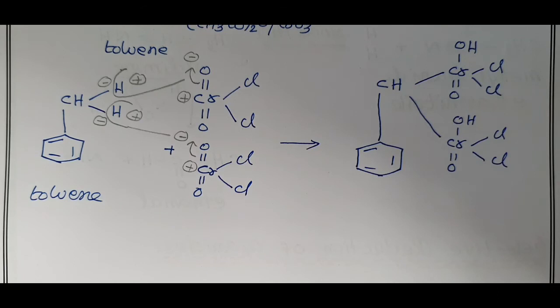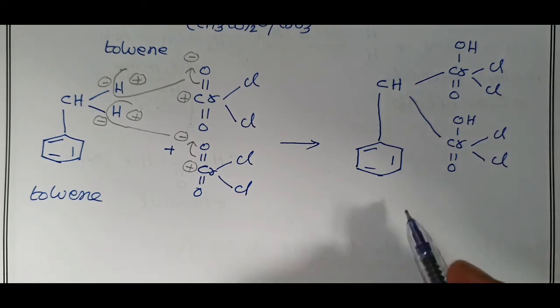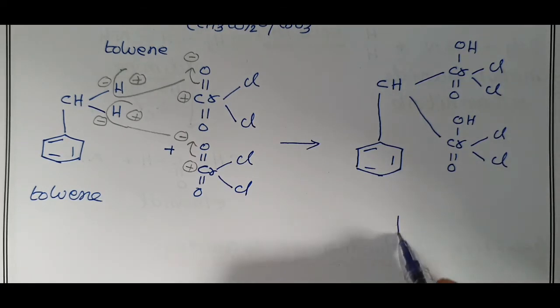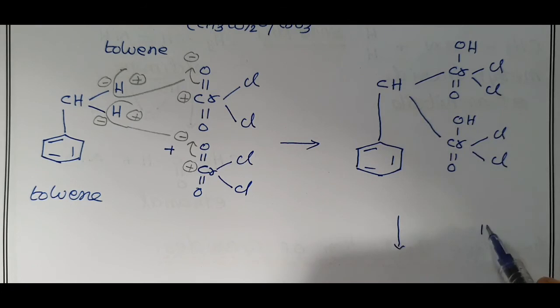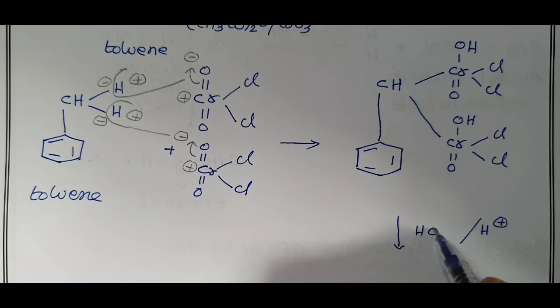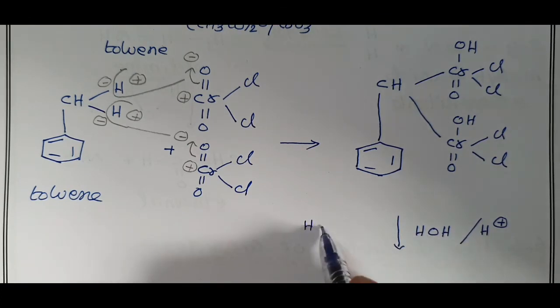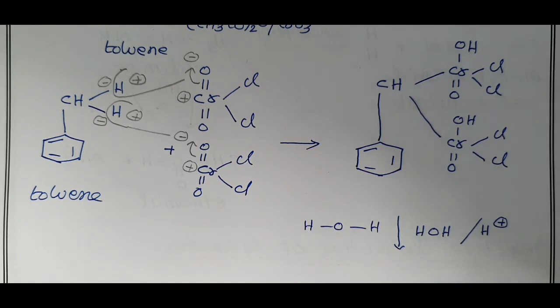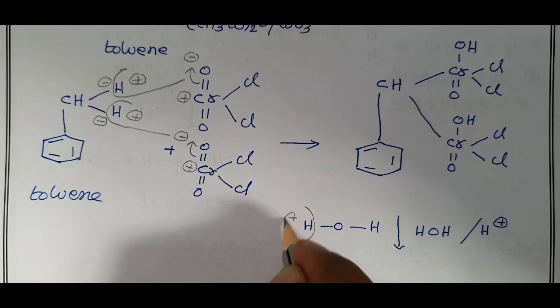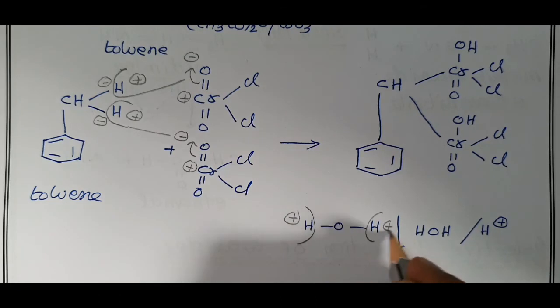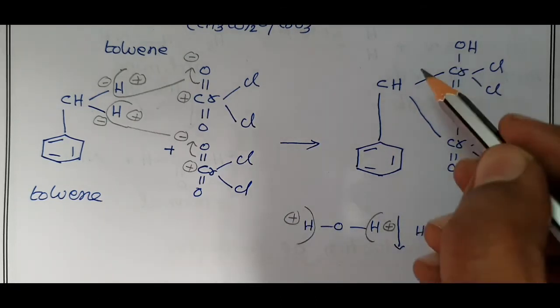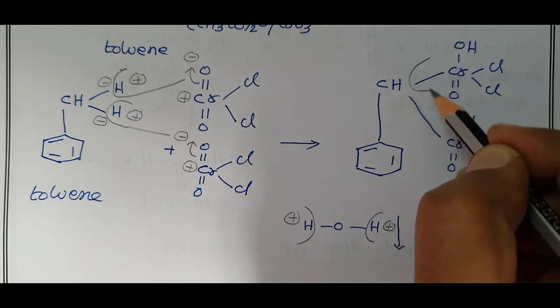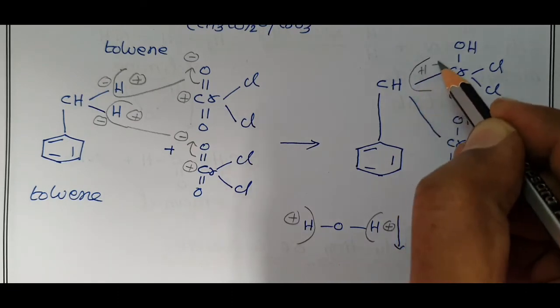This is an intermediate compound which on hydrolysis, you know what is hydrolysis? Addition of a water molecule in the presence of mineral acid is called hydrolysis. Water molecule H2O: hydrogen becomes 1 plus, this hydrogen also becomes plus, oxygen with 2 minus. Now to this minus, 1 H plus is added.